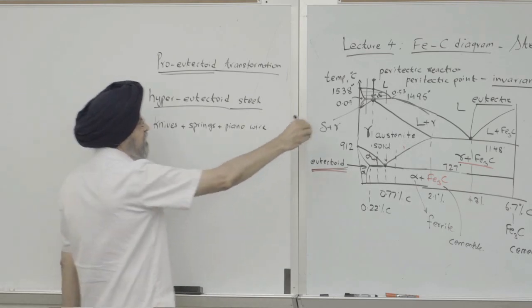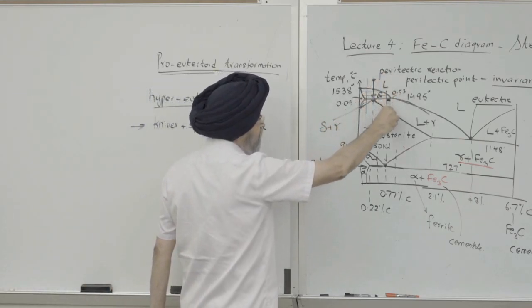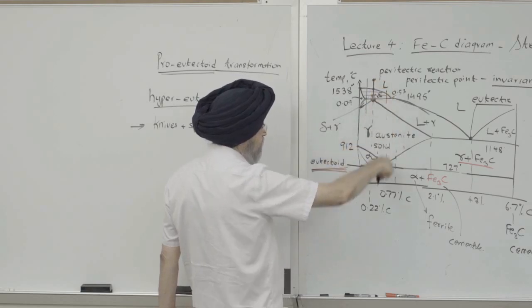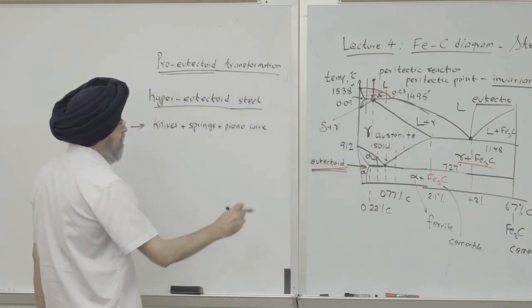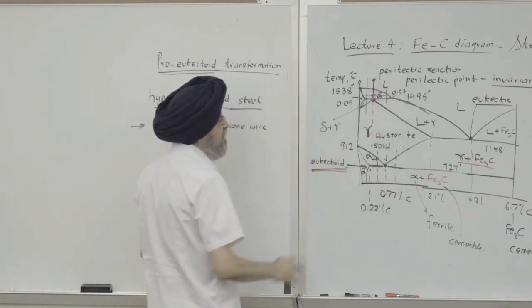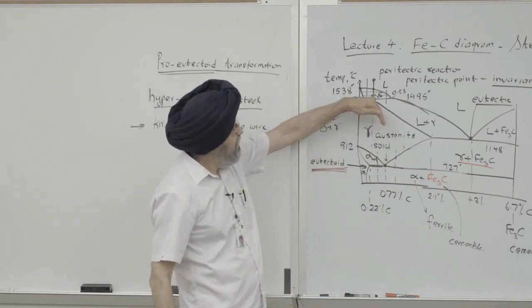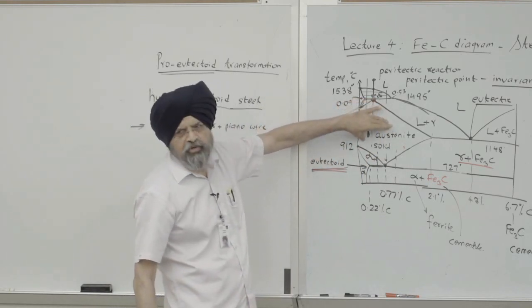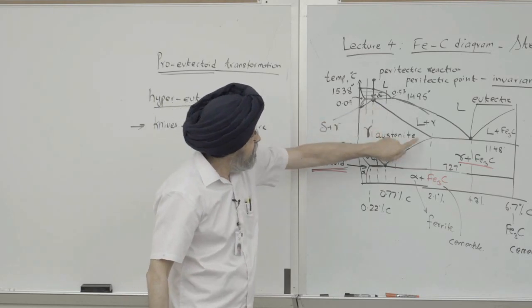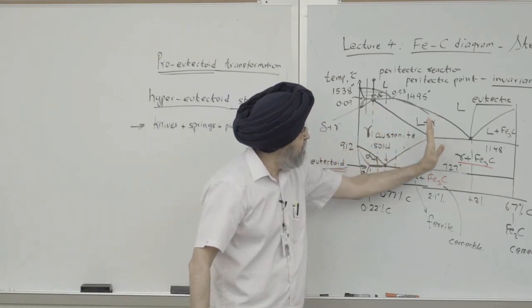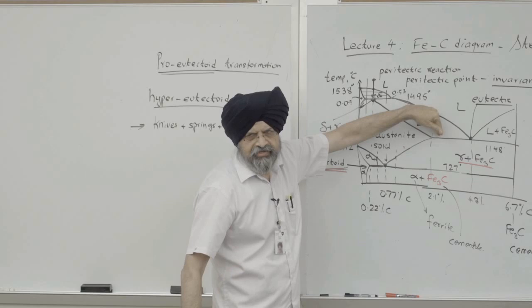So again, just to remind you, we're cooling from the melting point coming down, and we are in this austenite region. All steel has to pass through this austenite region. If the alloy is here, it is cast iron.